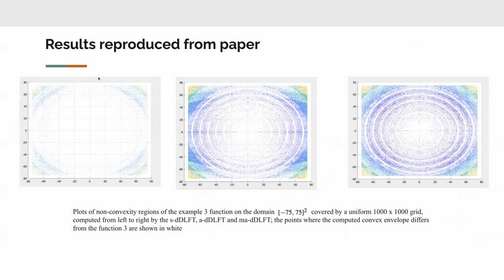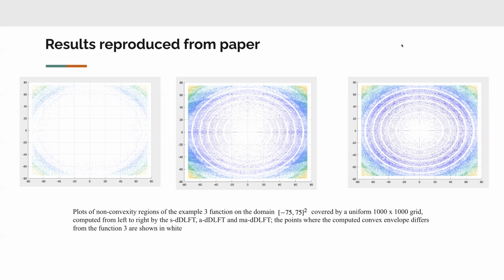And this is what we get. The standard factorization gives us these white regions, which it says are non-convex, which is not the case. And the alternating factorization gives the better approximation of the non-convex region. As we can see, these circles which are non-convex, and the max alternating factorization does a really great job again. And we can clearly see the areas which are non-convex.